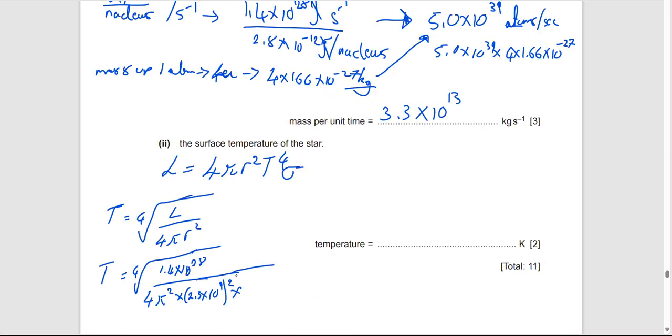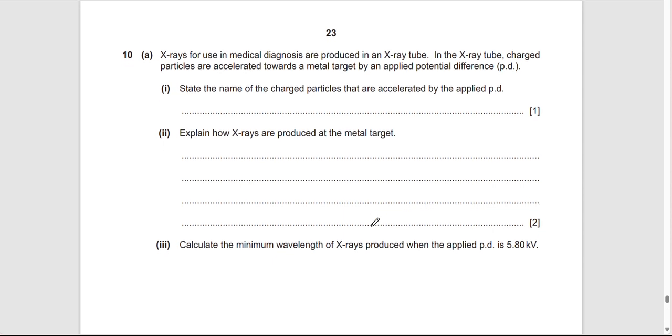Multiply exactly with that. And then your final temperature is going to be 7,800 kelvin. Okay.